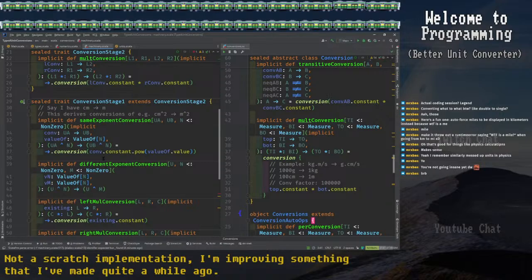So if I have, for example, meters per second squared, and I want to convert it. Oh wait, no, that doesn't even make any sense. Like, this makes no sense.